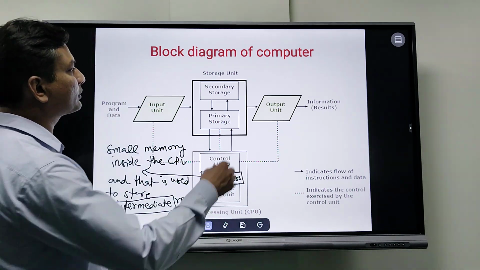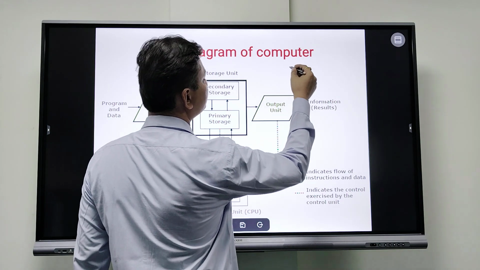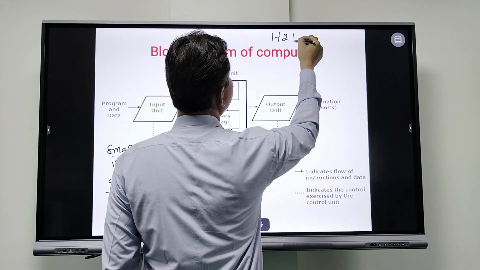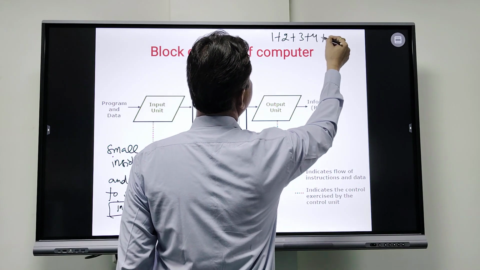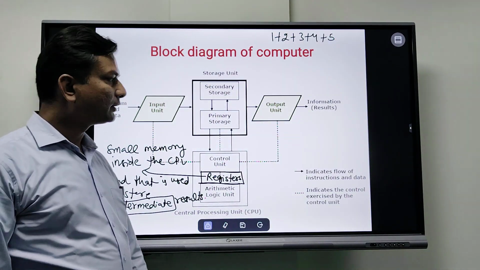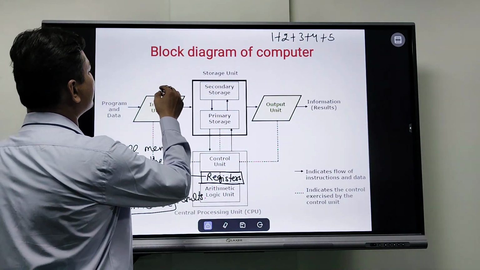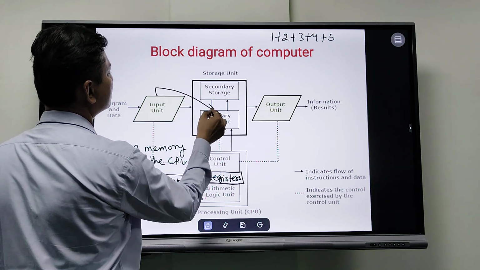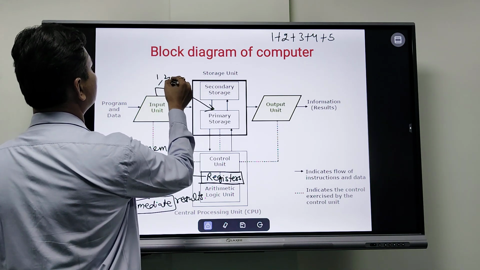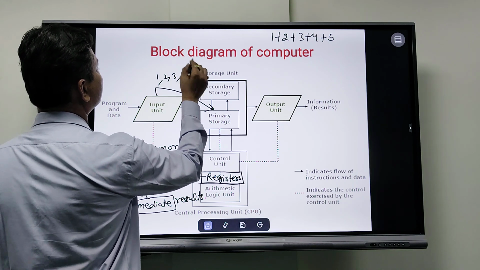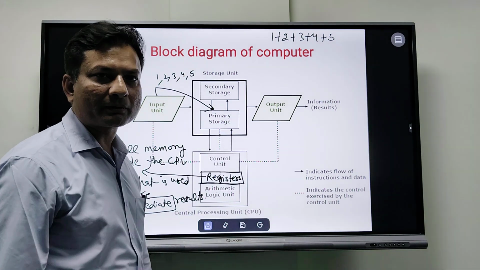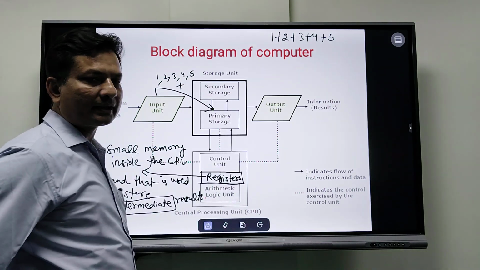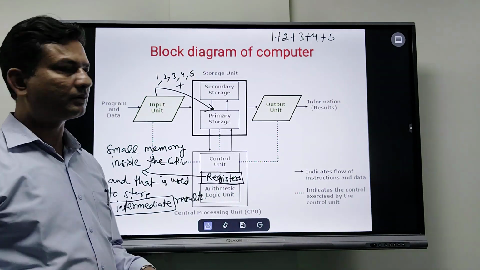For example, suppose we want to add 5 numbers, 1 plus 2 plus 3 plus 4 plus 5. These numbers are inputted by the user to the primary storage, and the operation that has to be performed on these numbers is plus. That is, we require the sum of these 5 numbers.